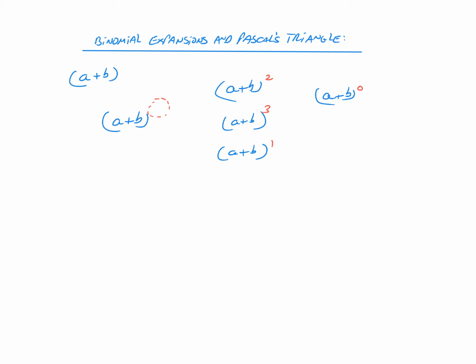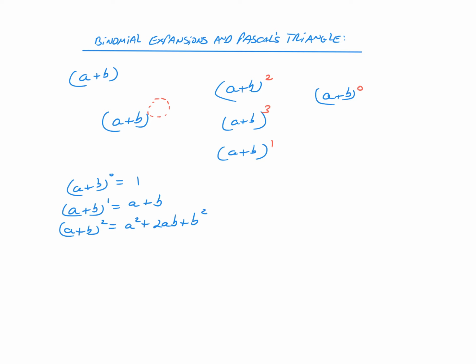So if we look at these in order, we would have a plus b to the 0th equals just 1, a plus b to the first equals a plus b, and a plus b to the second equals a squared plus 2ab plus b squared.